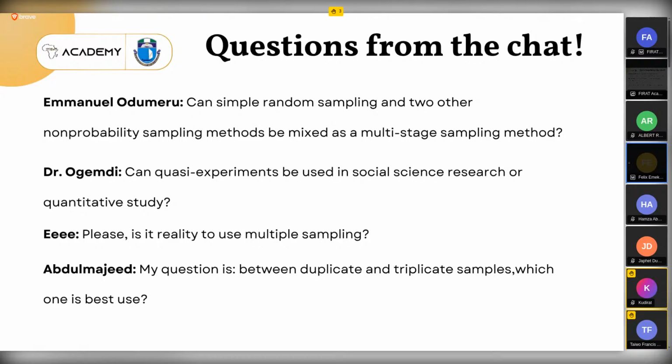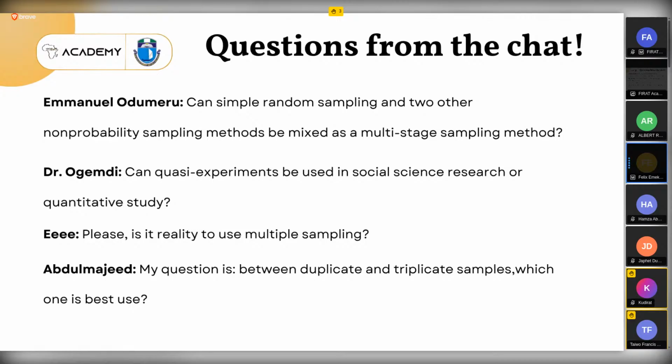Yes, it can. Please, is it realistic to use multiple sampling? Yes, it is realistic to use multiple sampling, like I've mentioned, especially when you're doing a community-based study where you have to go from top to bottom. Before you do a community-based study, you have to choose the district first. Like in Nigeria, you want to do a study in a community in Port Harcourt.